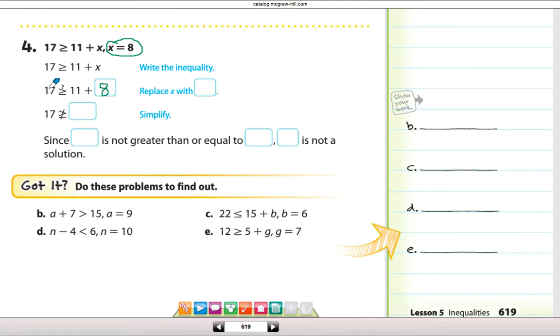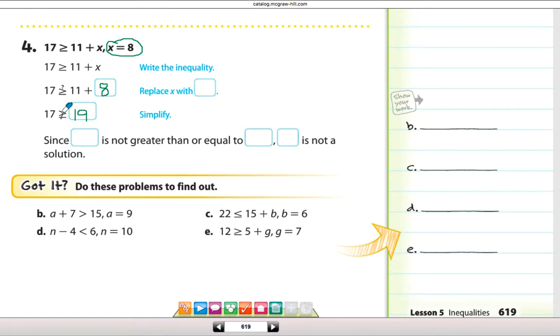And we're asking ourselves, is 17 greater than or equal to 19? Now, if you forget what the symbol is, you can always go back to page 618 and refer to the chart. So 17 greater than or equal to 19.